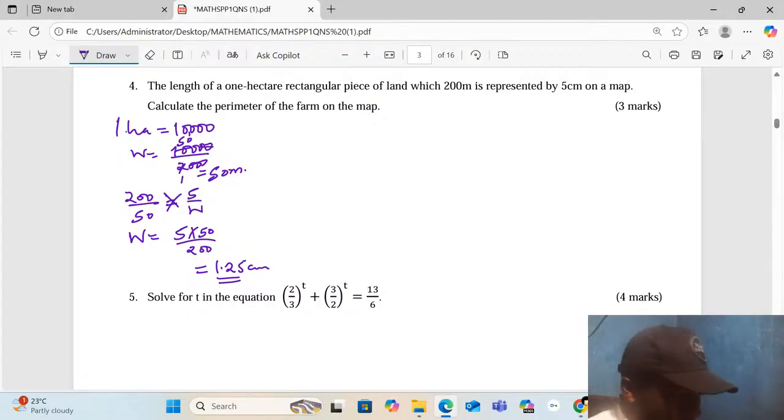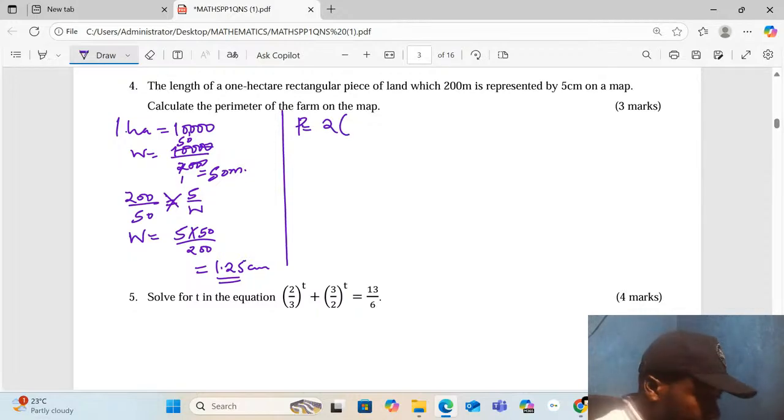So now we find the perimeter. The perimeter is equal to 2 times length plus width. Our length is 5, which we were given, plus width 1.25.